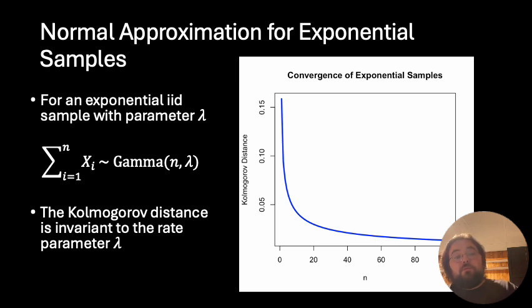While the Kolmogorov distance might seem parameter dependent, the central limit theorem ensures otherwise, because the rate parameter is merely the reciprocal of the scale parameter and does not alter the fundamental shape of the exponential distribution. Its influence disappears once we normalize the sample mean. Thus, under the central limit theorem, the Kolmogorov distance between the normal approximation and the scaled exponential sample mean remains unaffected by changes in lambda.